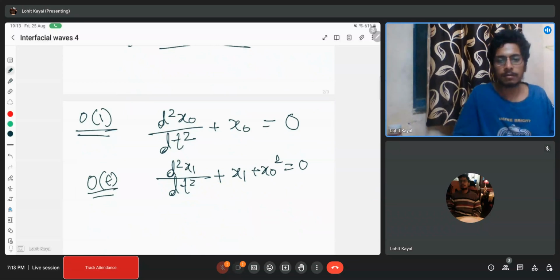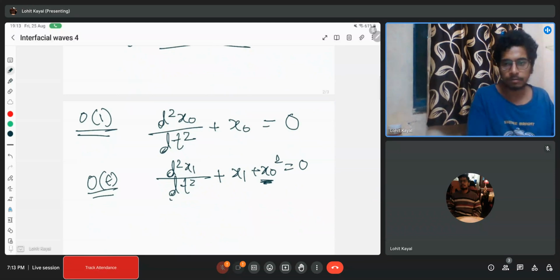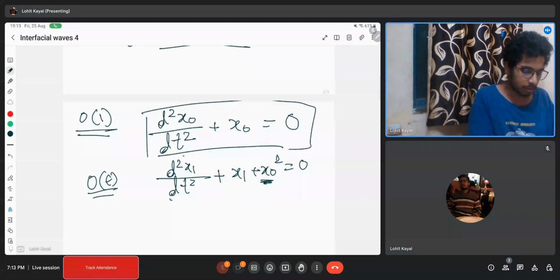Now remember that here x1 is unknown, but by that time x0 is already known, so you can easily solve this equation. So what is the solution?